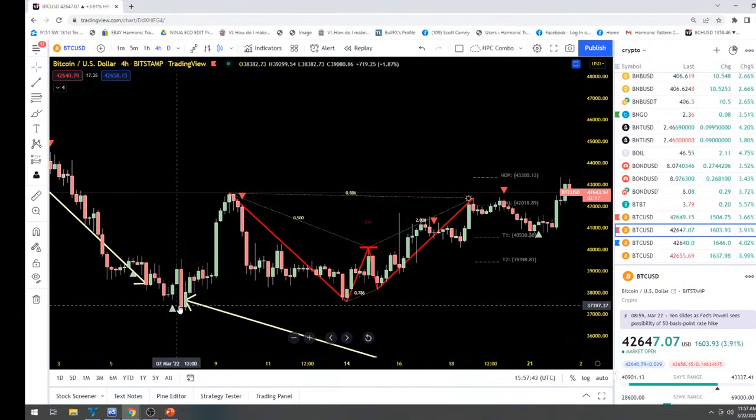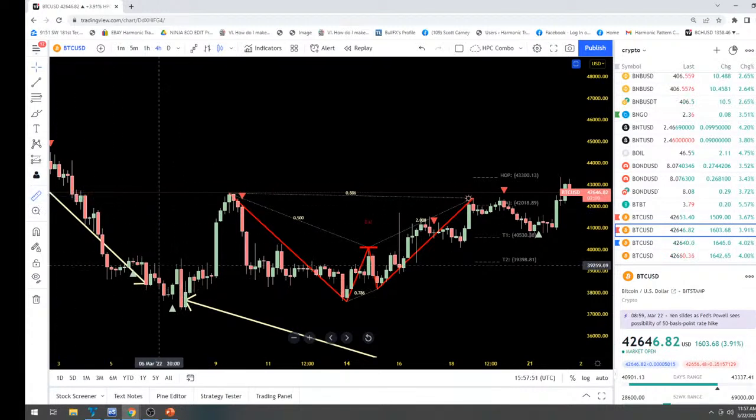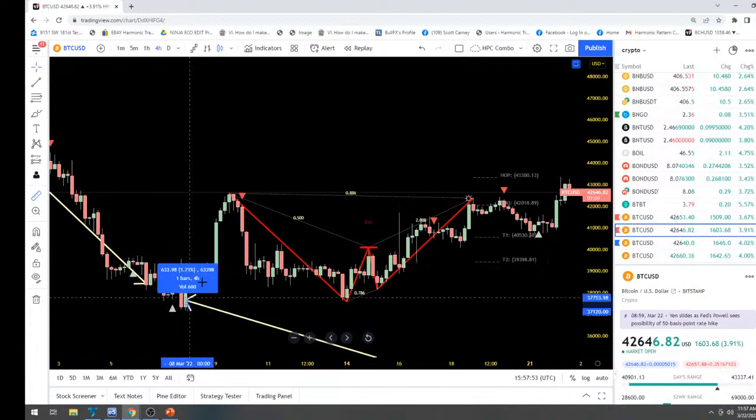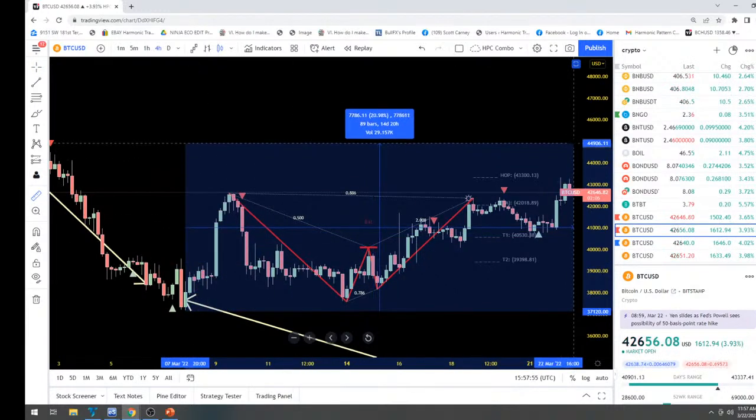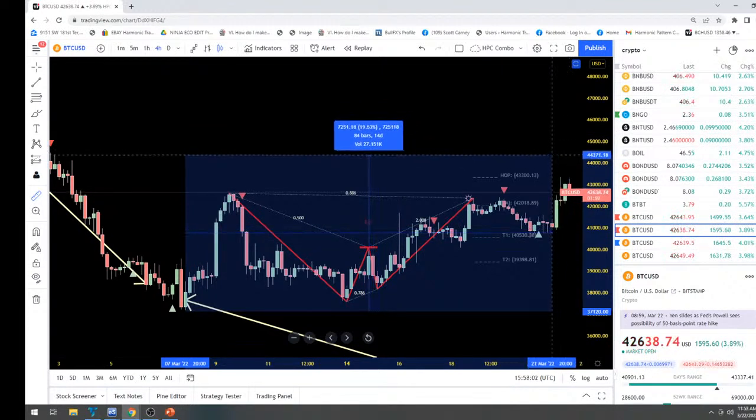If this is the absolute activation point for the type 2, which it is, then we'll start the measurement. We'll start the day count from there all the way to where we are. We're 89 bars, folks, 88 bars. But that's okay. That's some of the slack we give the type 2 reversal.